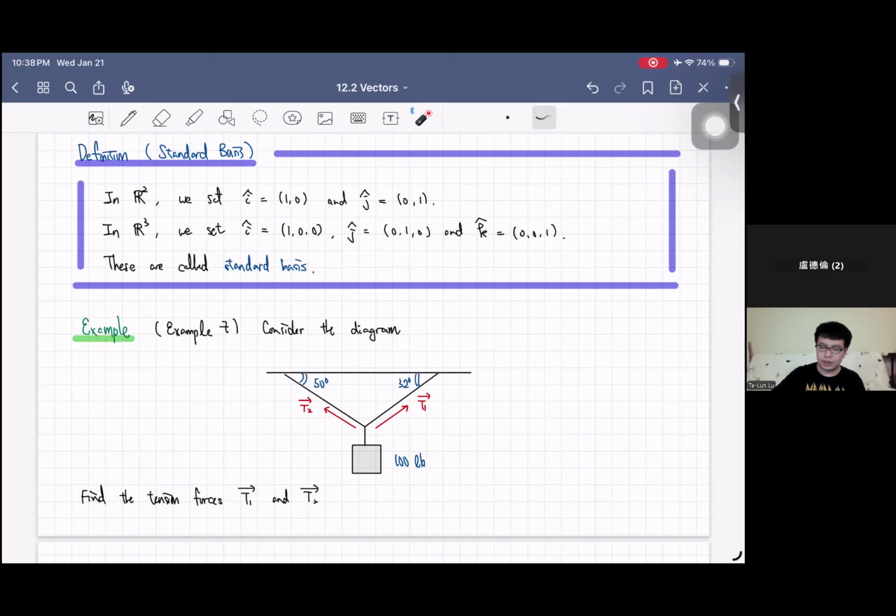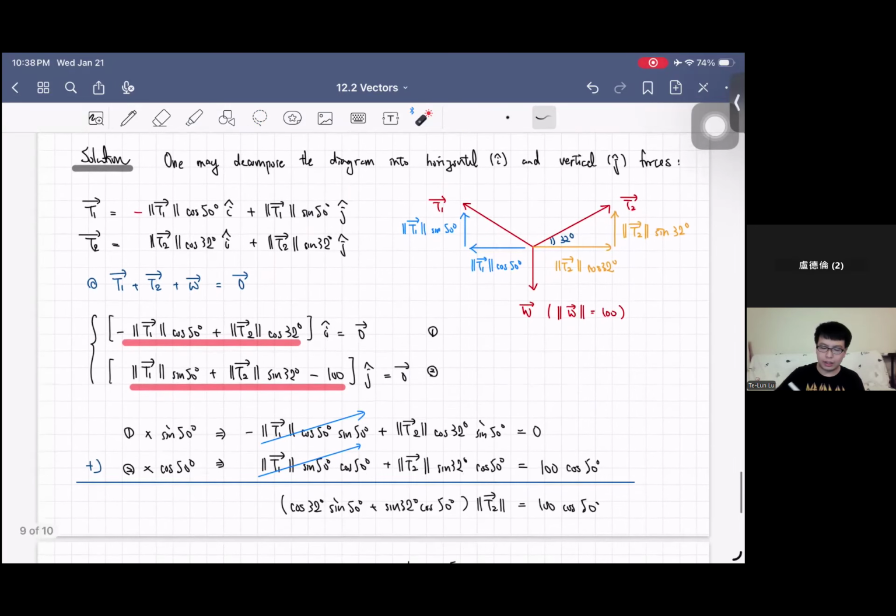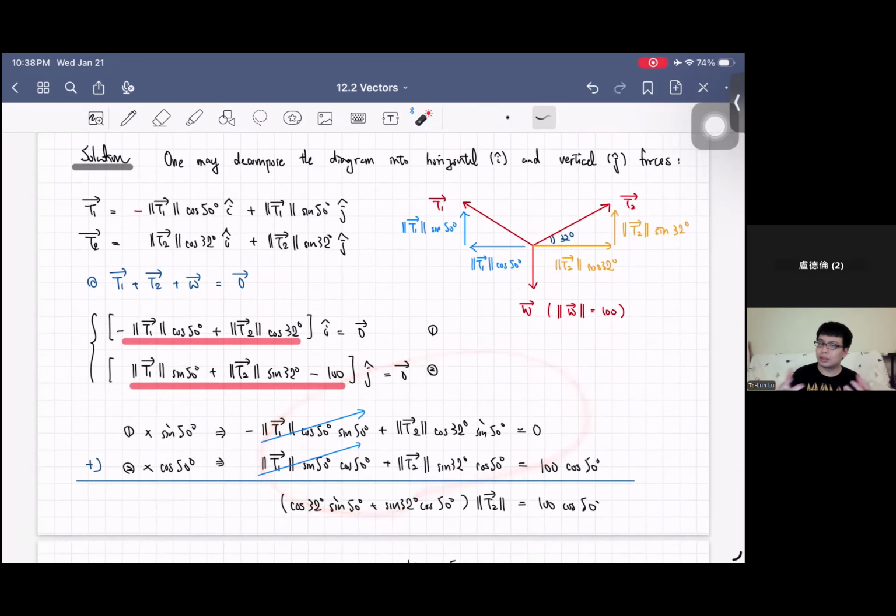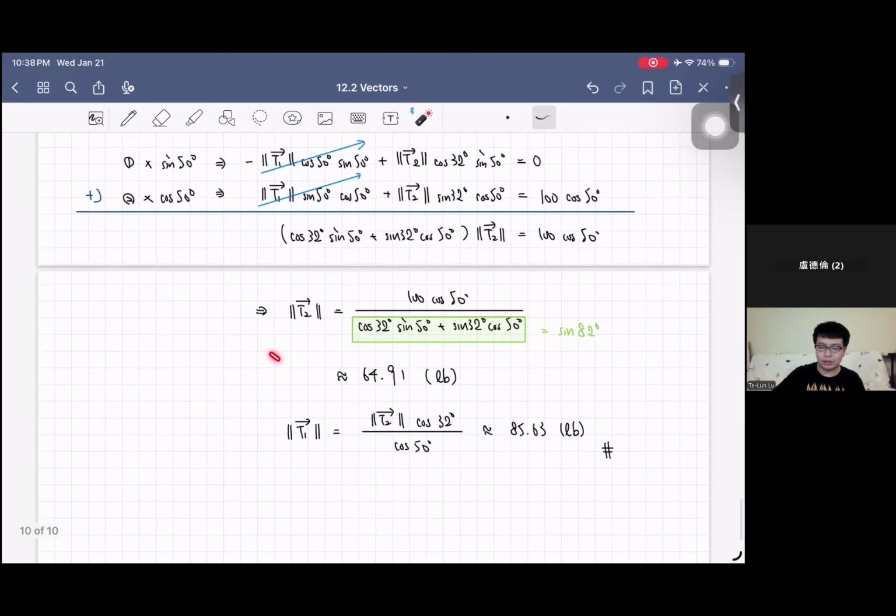For example, in this diagram, we see that we can decompose T1 and T2 in terms of x and y direction. And then by the net force zero equation, we get that the horizontal component of force and the vertical component of force must both be 0. And then we get a simultaneous equation, which we can solve using simple algebra. And then you can figure out the magnitude of T1 and T2.